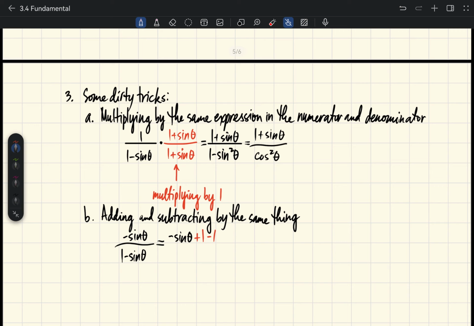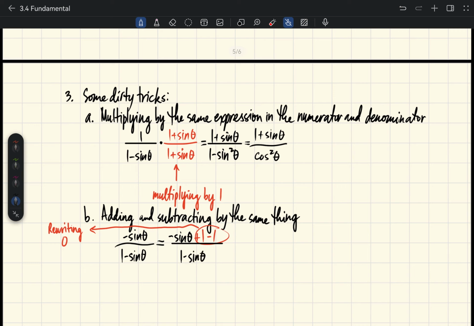What happens if we do this? Basically, what we are doing is just rewriting 0. We're just rewriting 0 because you added one thing and you subtracted the same thing. So you're just balancing things out. Then we have here divided by 1 minus sine theta.